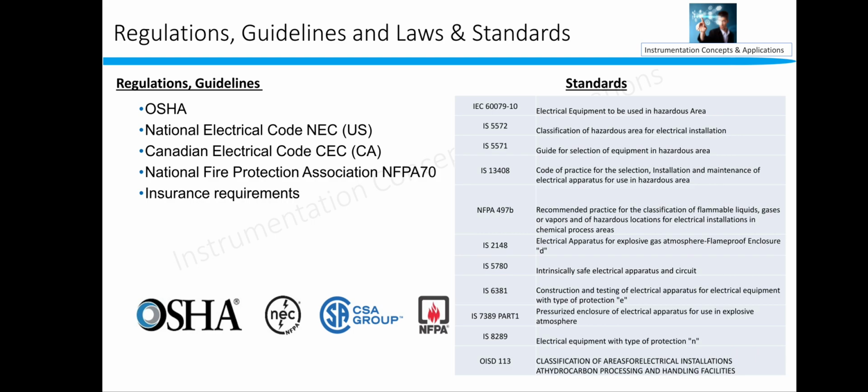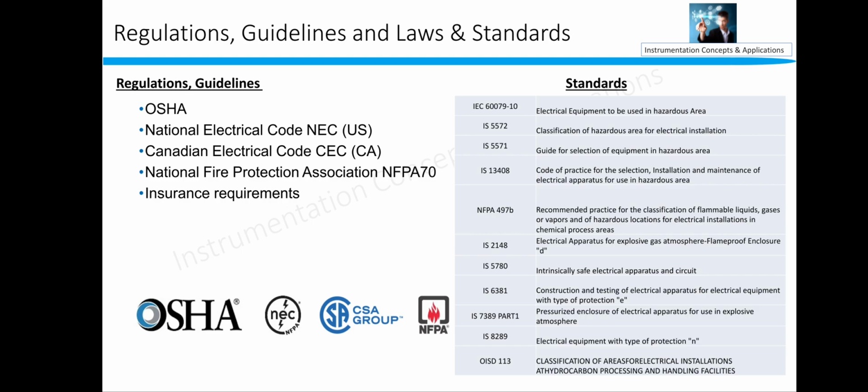IS 13408 is the code of practice for the selection, installation, and maintenance of electrical apparatus for use in hazardous areas. NFPA 497B is the recommended practice for the classification of flammable liquids, gases or vapors and hazardous locations for electrical installation in chemical process areas. And there are other standards also, but I want to mention OISD, Oil Industry Safety Directorate 113.